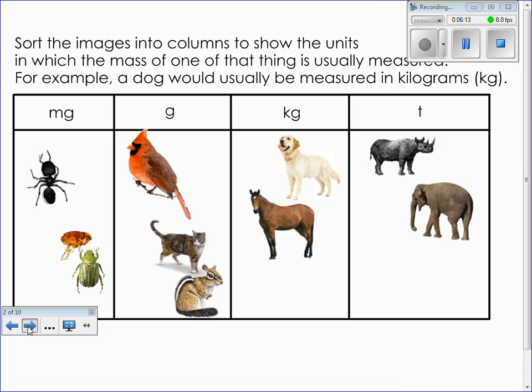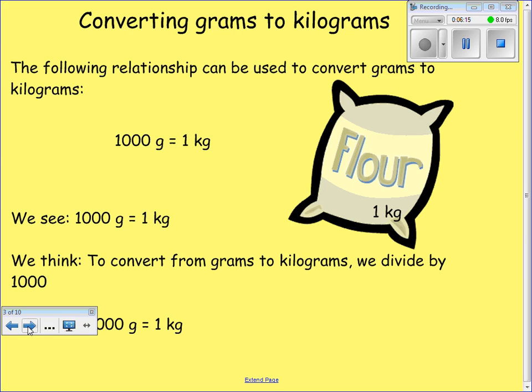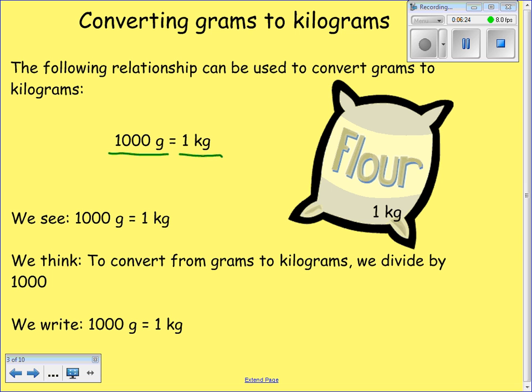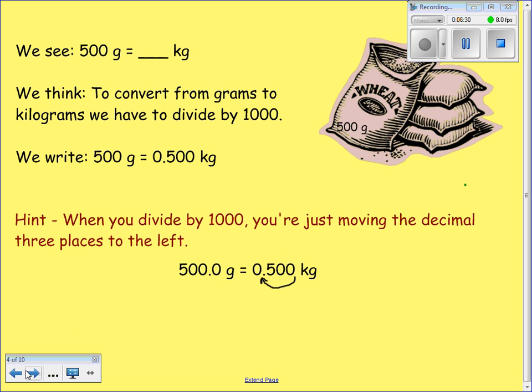We can put this information into practical use. We're going to convert grams into kilograms. As you noticed before, we said that there are 1,000 grams in 1 kilogram. When we're moving from grams to kilograms, we're going from a smaller unit to a larger unit.